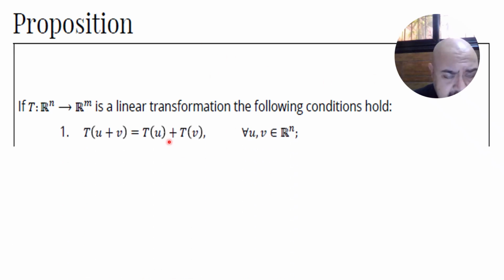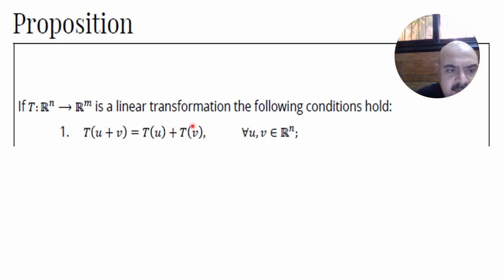The first of them, as you know, if we are making a transform T that moves stuff or vectors from Rn into Rm, in order to be a linear transform, the transform of the addition of the two objects in Rn should equal the transform of every one of them separately.